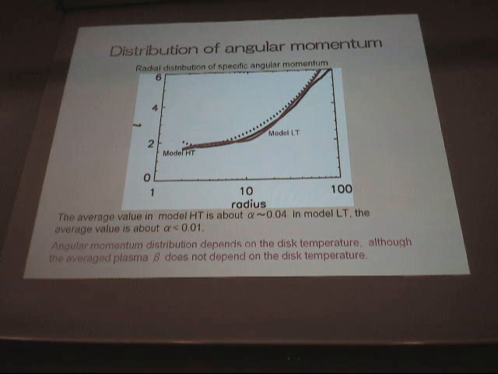Finally, I show the power spectral density of the Fourier power of the mass accretion rate integrated in this region. The black one is the low temperature case, and the blue one shows the high temperature model. We can clearly see a low frequency QPO here, and this is created by dynamo activity in the inner torus.